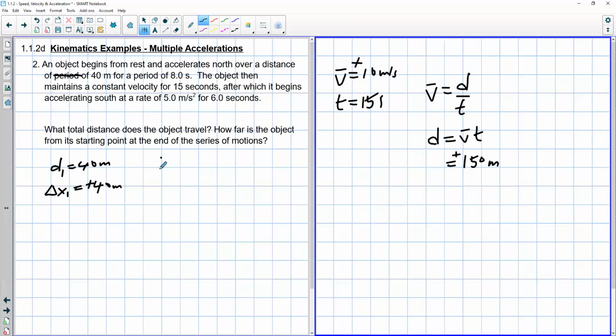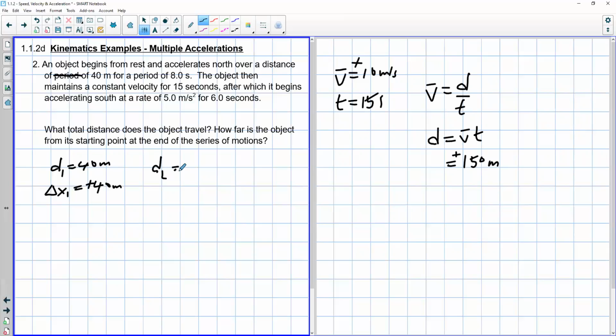So the distance traveled for segment 2 is 150 meters, and we changed the position by plus 150 meters. So our position at the end of segment 2 is going to be 150 plus 40, which is plus 190 meters from where we started.